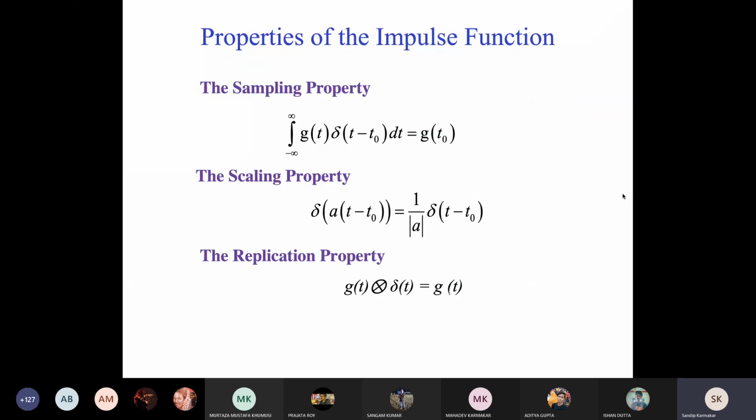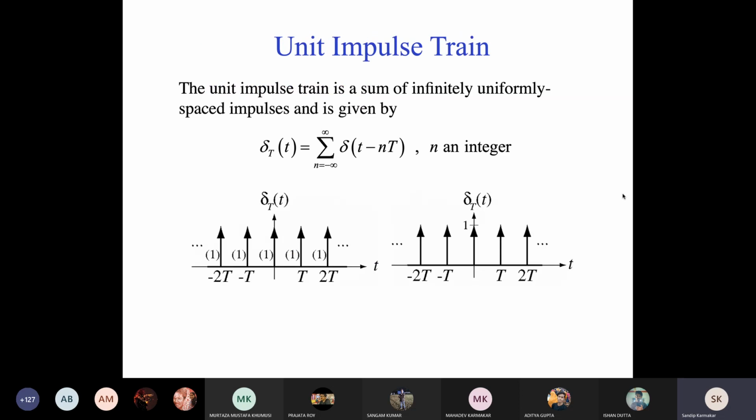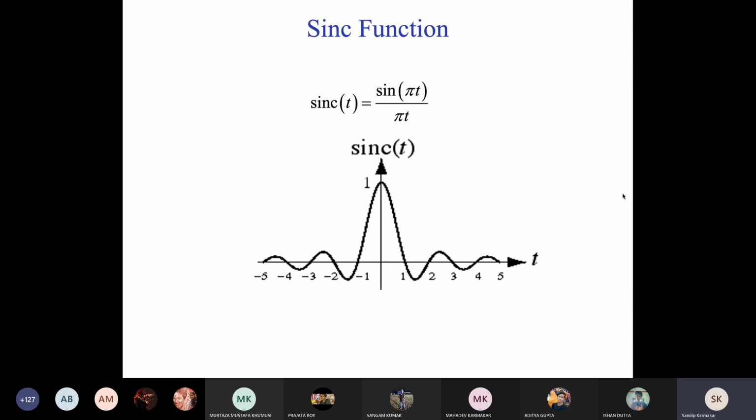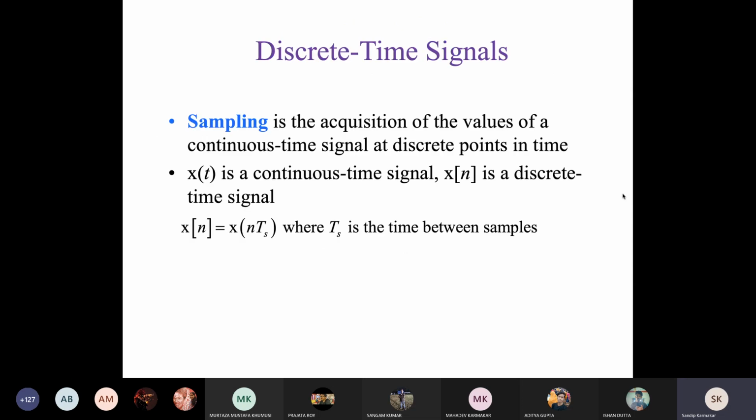Then we have seen the sampling, scaling and replication properties of the continuous time impulse function. That is true for the continuous time impulse function, but these properties are not all true for discrete time impulse functions. Then we have seen the unit impulse train, unit rectangle function, unit triangle function, sinc function.